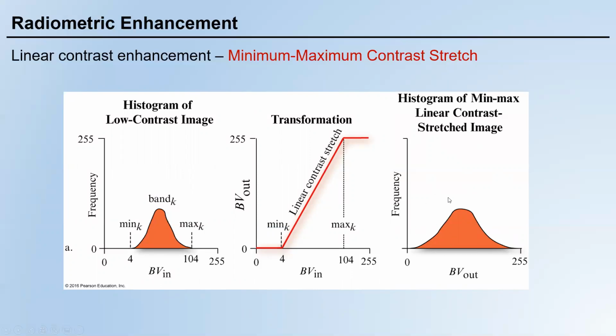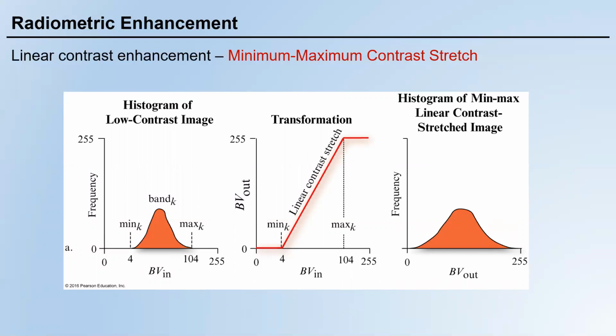If you compare them, the histogram for the output image is wider because the brightness values of all pixels in this image have been widely distributed from 0 to 255 instead of being from 4 to 104. So you can expect that in the output image, the brightness values are distributed in a wider range.